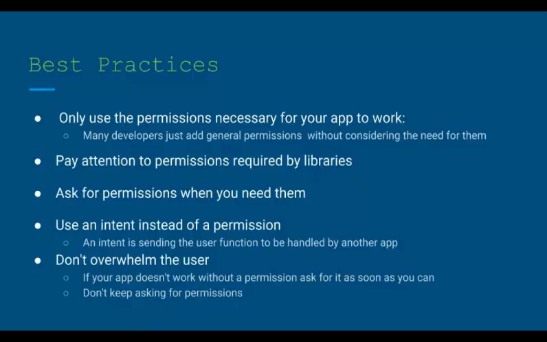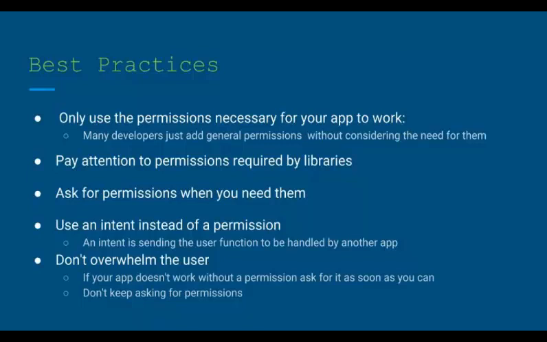That is kind of bad practice. The whole idea of using permissions during runtime is to ask for them when you need them. So when the user wants to take the picture, ask for the camera permission. When the user wants to write something to the external storage, ask for the external storage permission.